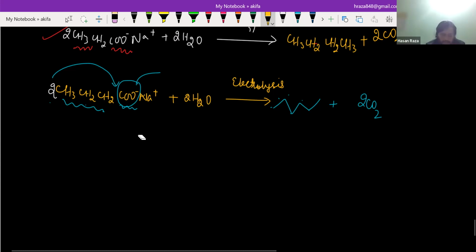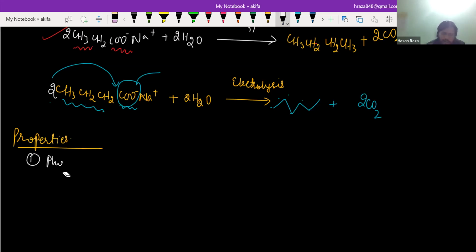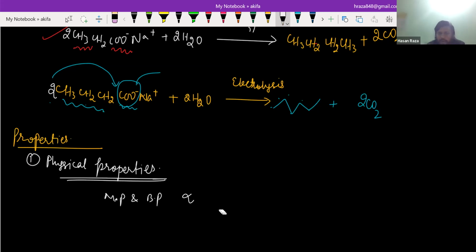Can we move to the next part? Yes. Now, come to the physical properties. Two types of properties are there: physical properties and chemical properties. Physical properties are generally about melting point and boiling point. Melting point and boiling point are directly proportional to molecular weight, because molecular weight is directly proportional to van der Waals force of attraction.